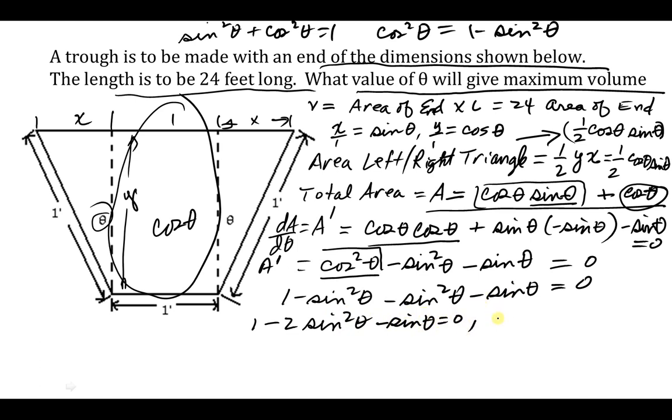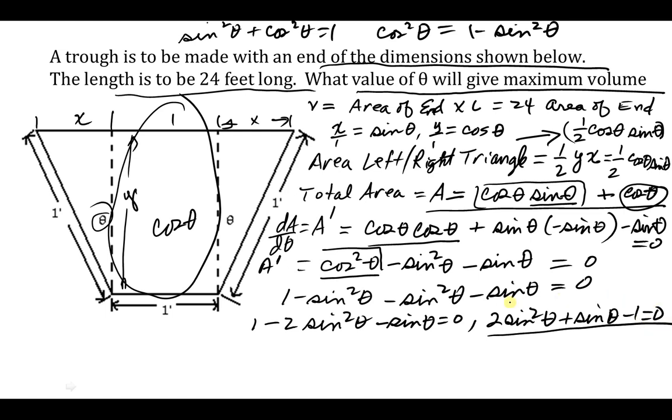Turning this around, we get 2 sine square theta plus sine theta minus 1 equals 0.